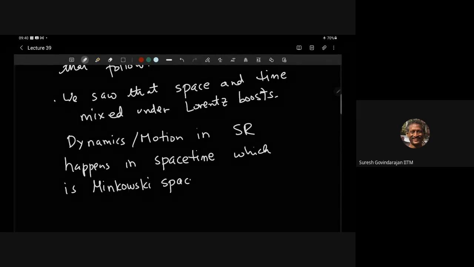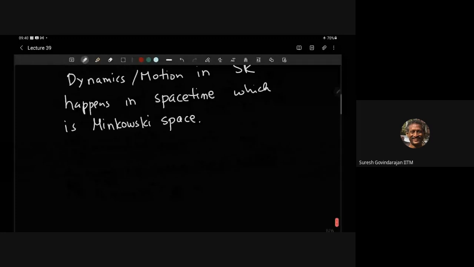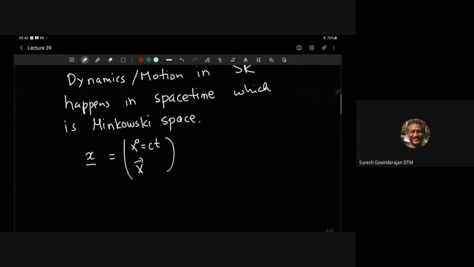Minkowski space means we have coordinates which we will write as x0, which is ct, and x, which is the usual vector. It forces us to treat space and time on par.